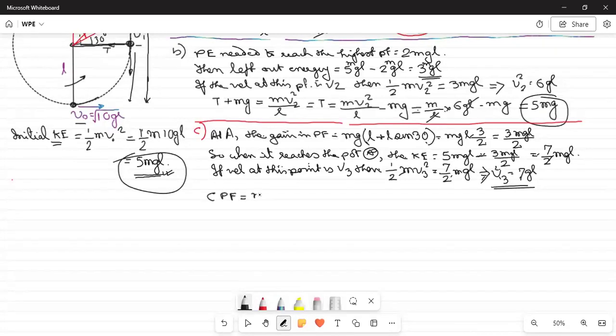Centripetal force is m v3 square by radius, and r here is L, so mv3 square by L. So this is m by L. And what is v3 square? 7gL. So L and L gets cancelled. So we are left with 7mg.